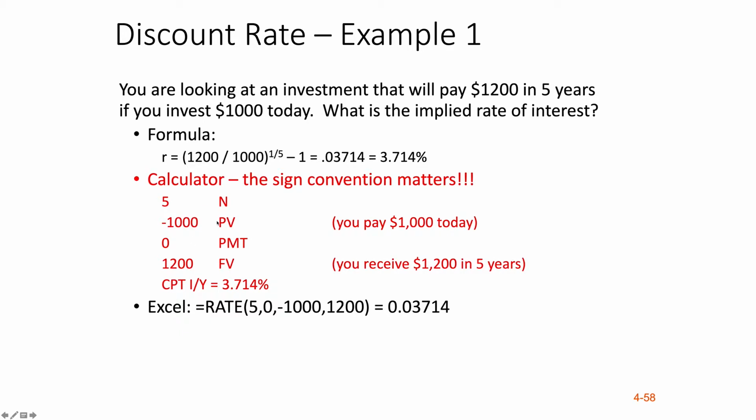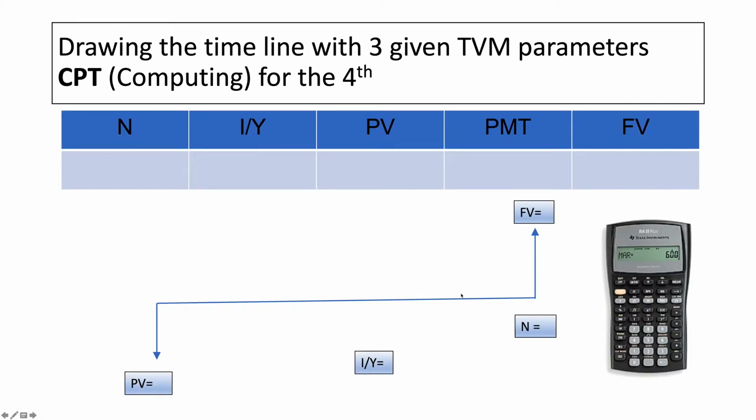You pay 1,000 today, you receive 1,200 in 5 years. Compute for I. The I is 3.714.